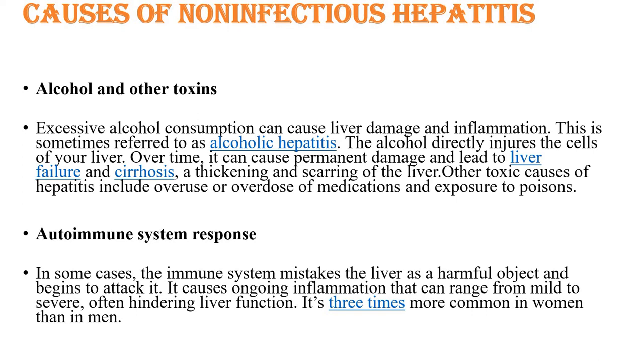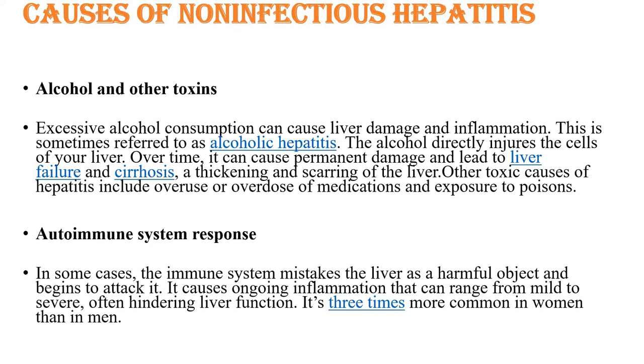Over time, it can cause permanent damage and lead to liver failure and cirrhosis, a thickening and scarring of the liver. Other toxic causes of hepatitis include overuse or overdose of medications and exposure to poisons or toxic substances.